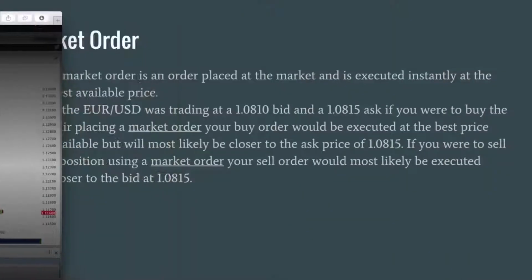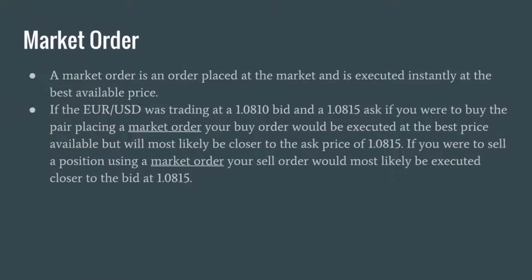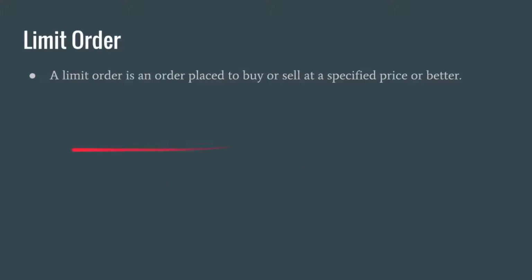So to avoid that disadvantage, that is where the next type of order comes into play. A limit order is an order placed to buy or sell at a specified price or better. And because you are setting a price, limit orders ensure you do not pay more than you are willing to.